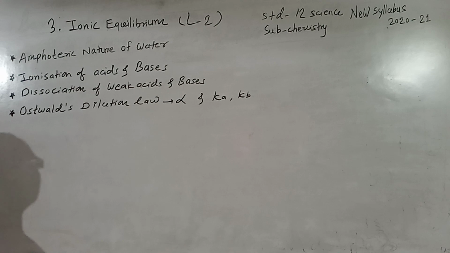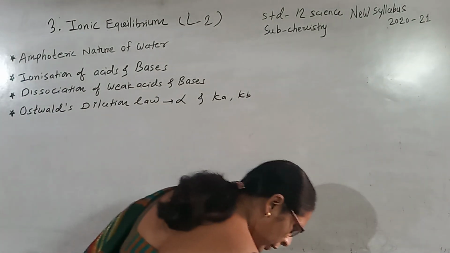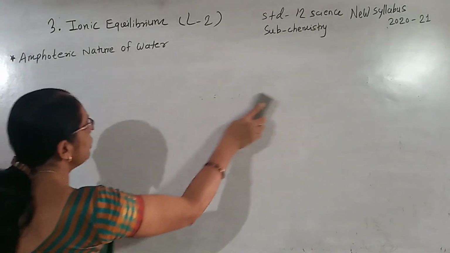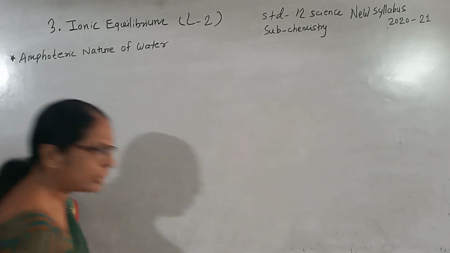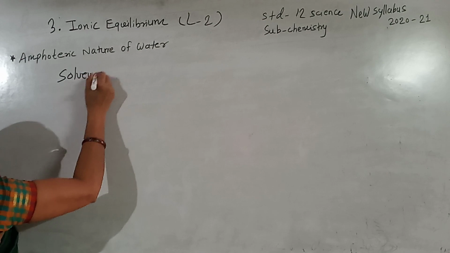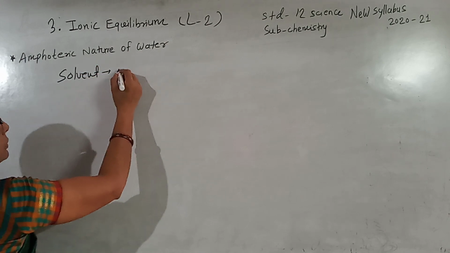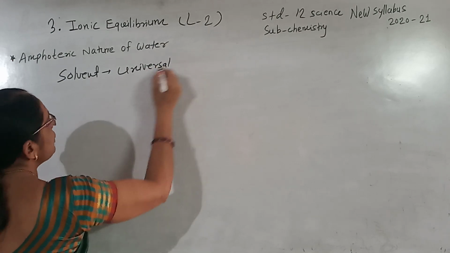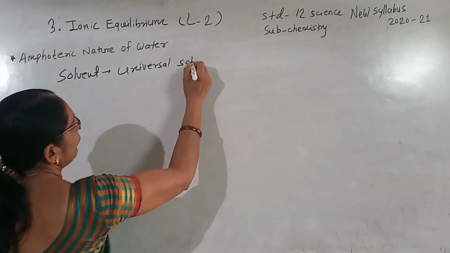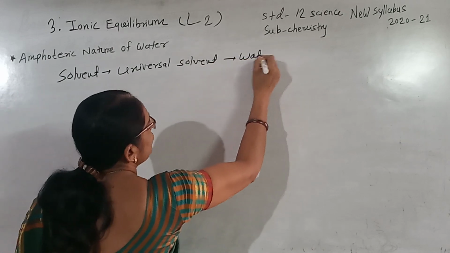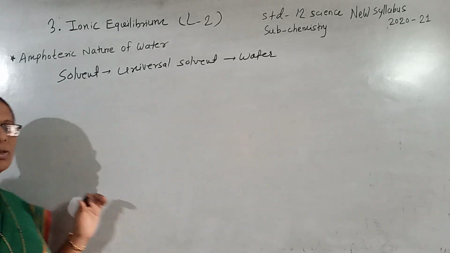Now let us first start with the amphoteric nature of water. What is meant by the amphoteric nature of water? When you consider water, water is used as a solvent. We also know that water is called a universal solvent. So why is water a universal solvent?